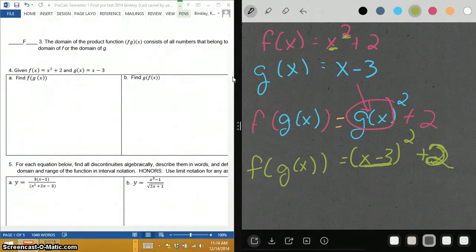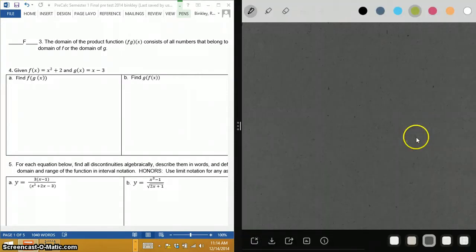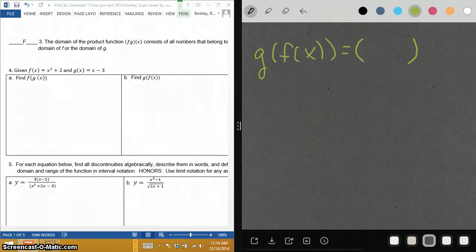Okay, then the opposite is we're going to have g of f of x equals, so I'm just going to write g, which was originally x minus 3, but I'm just going to keep the x out and put the minus 3 out here.